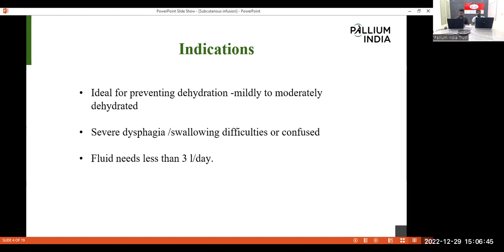Then, within one day, within 24 hours, if we plan to give 3 liters of fluid or 6 pints of fluid, we can give that fluid subcutaneously.